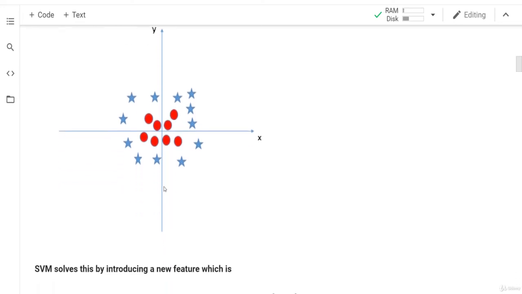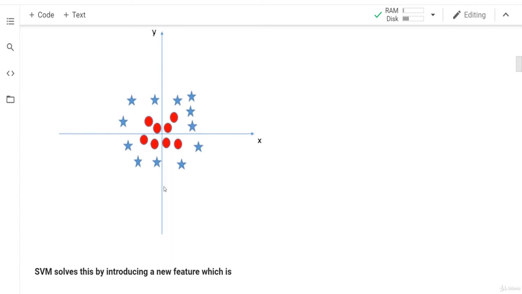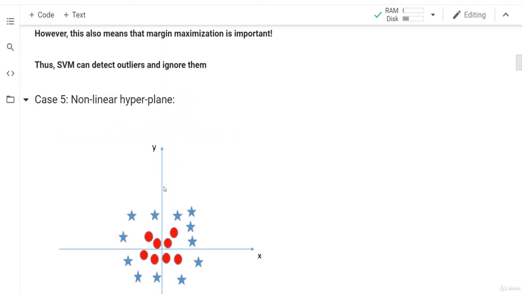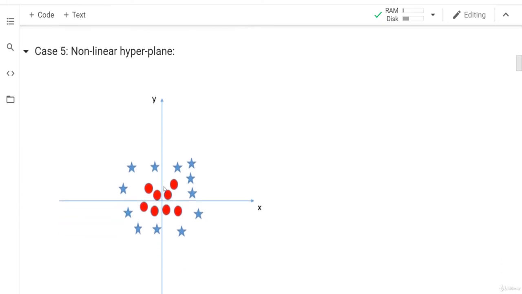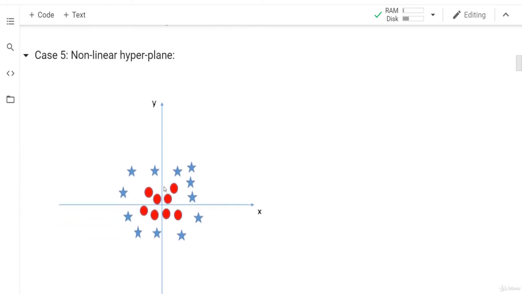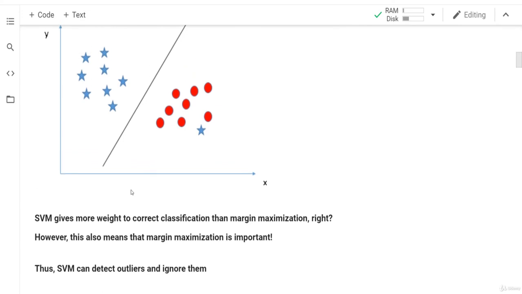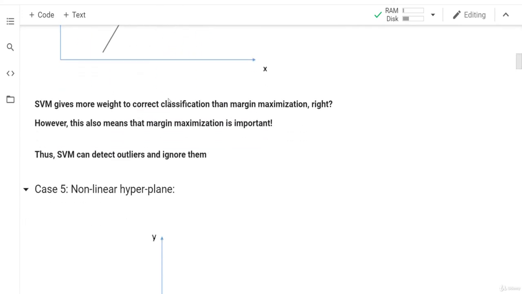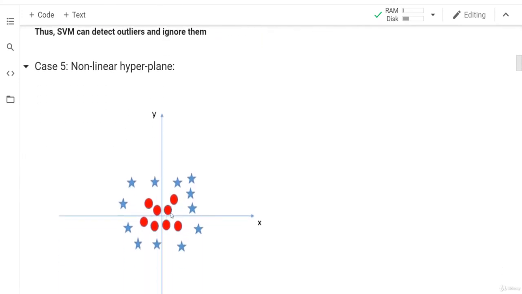SVM solves this, and this is a problem for other algorithms. For KNN, we cannot really do so using a linear separator. The circle is basically a non-linear hyperplane, so how can we draw a non-linear hyperplane using a linear separator?